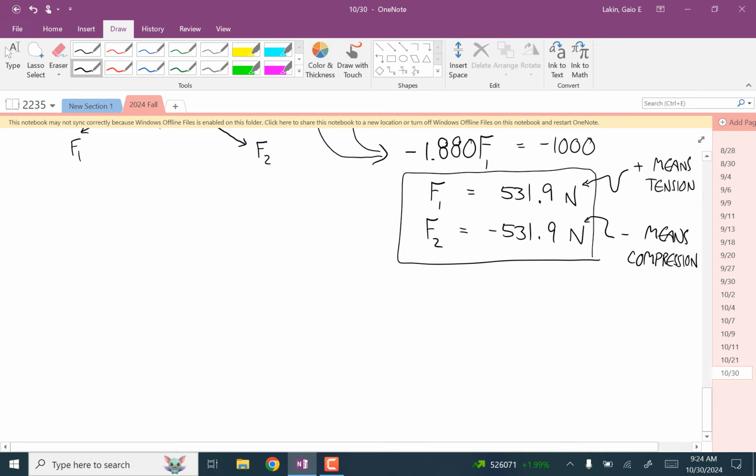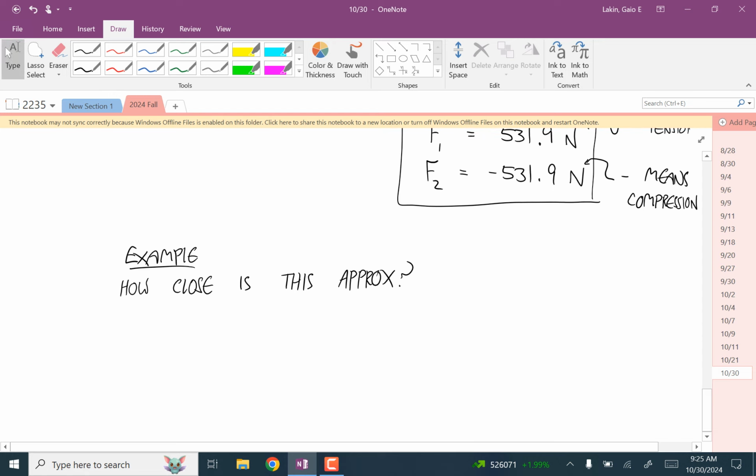So let's do this problem now, let's use 1 kilogram and see what it looks like. So how close is this approximation? Let's do the full calculation for the masses equal to 1 kilogram.